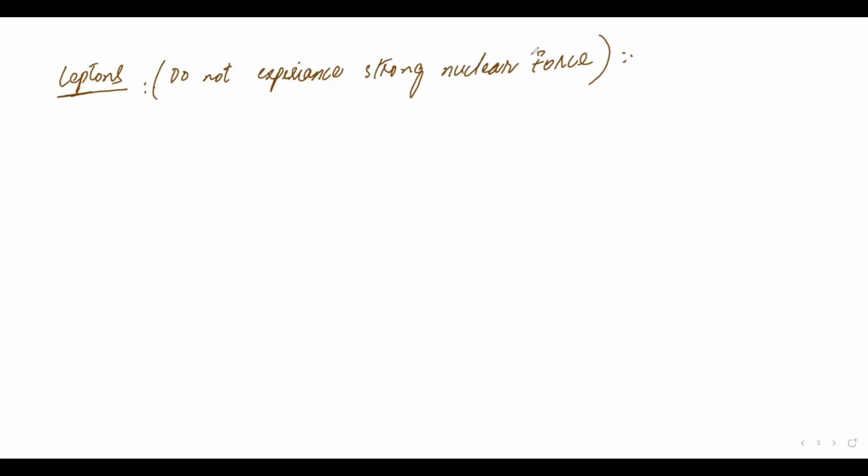So when you're talking about the leptons, we've got different ones. We've got 6 leptons. The first one of them is an electron, right? And then we've got its pair, a neutral particle, which is known as the electron neutrino. Thirdly, we've got the muon.